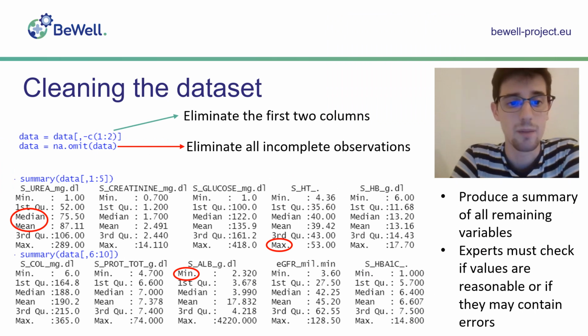For sake of simplicity, we avoid dealing with missing information and we simply eliminate them. This can be done using the na.omit function, which deletes all patients for which we do not have complete data.